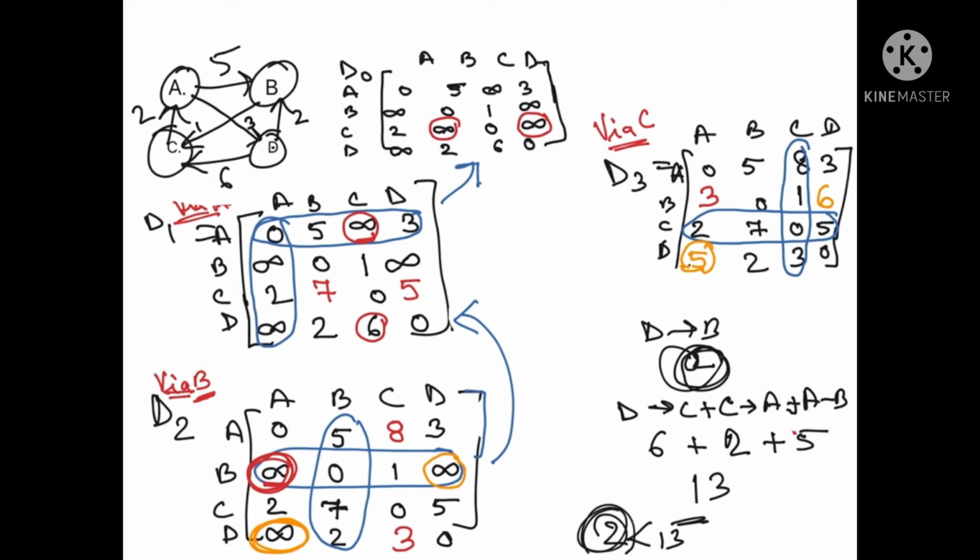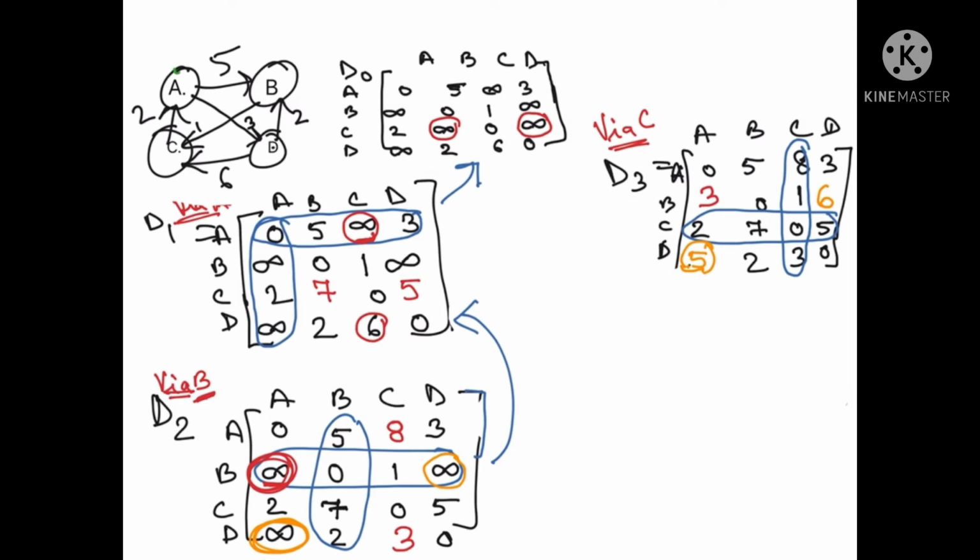Now the next and the last part. Can you tell me how many nodes are there? See, 1, 2, 3 and 4. So how many distance matrices will be made? 1, 2, 3, and one more we will make, which is via D. So one more, because here you have to change it. You have to be very careful.